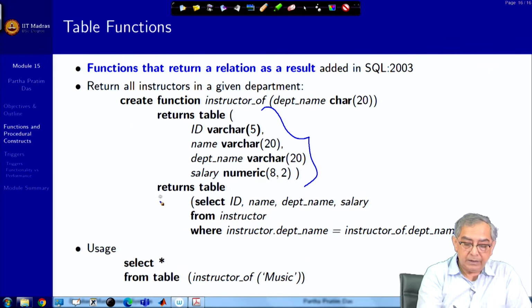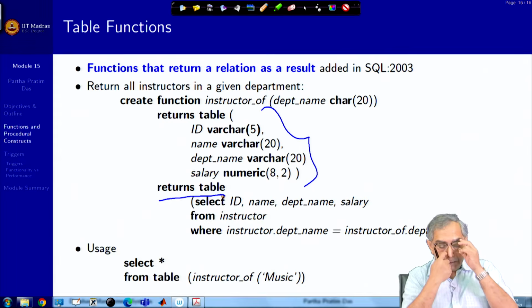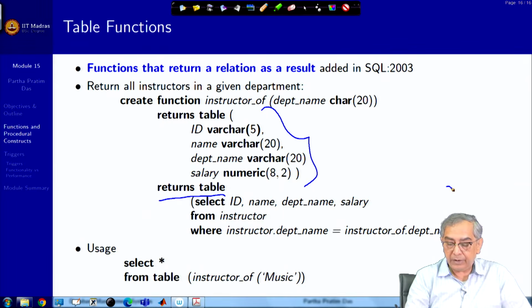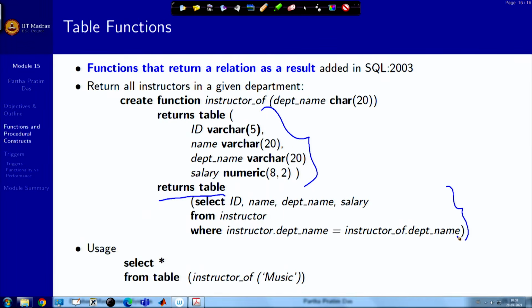And now in returns you have the actual query that gives you a table which matches the table you have promised you will return. So, that entire table will get returned now. The way to use it is, since instructor of is the table function, if you pass the department name music, it will give you a table.